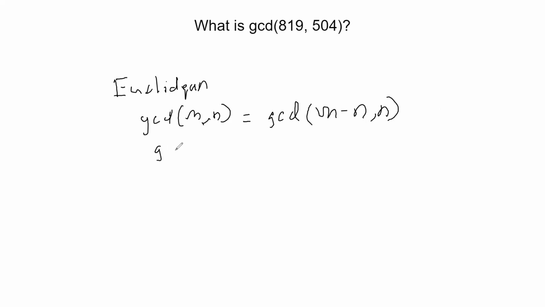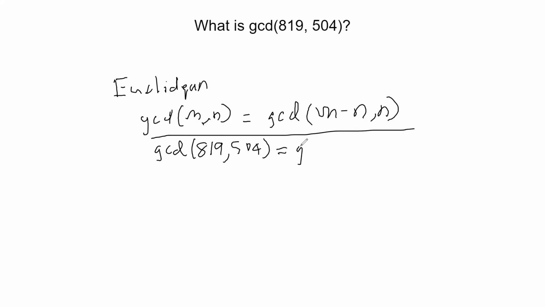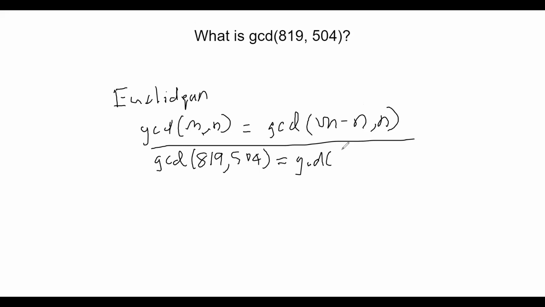So now we have this. And essentially, you can just keep on applying this idea over and over again until you get numbers you can work with. So we subtract 819 minus 504. This is 315.